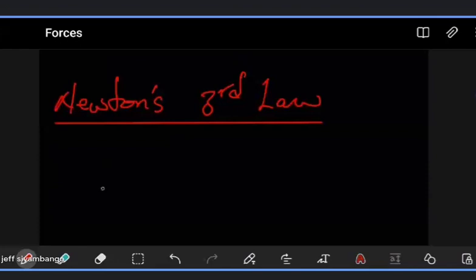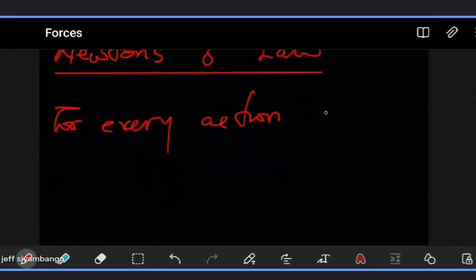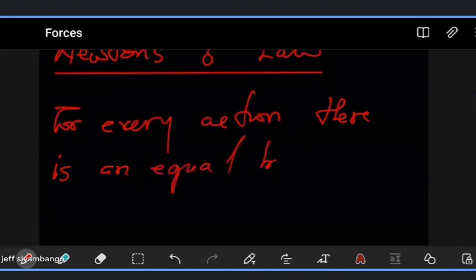For every action, there will be an equal but opposite reaction.